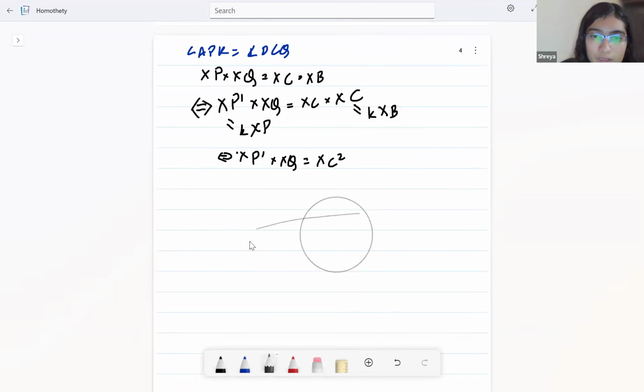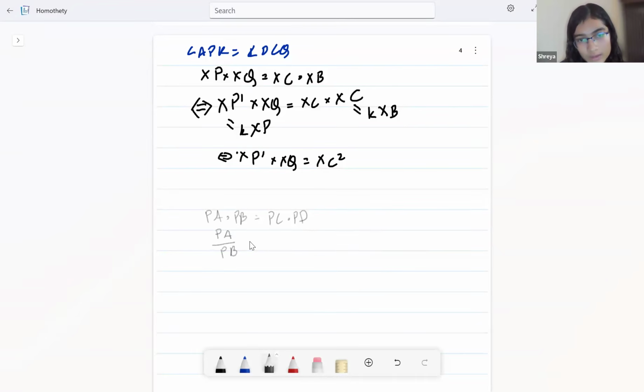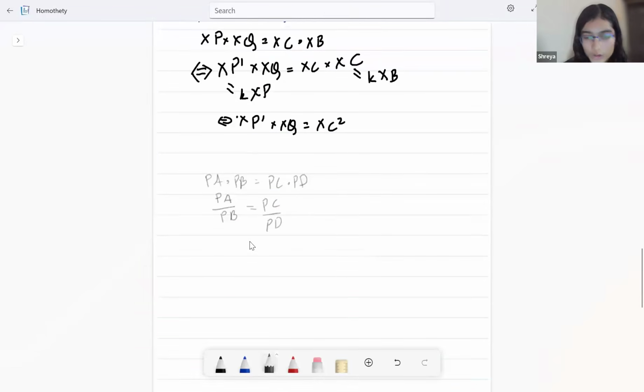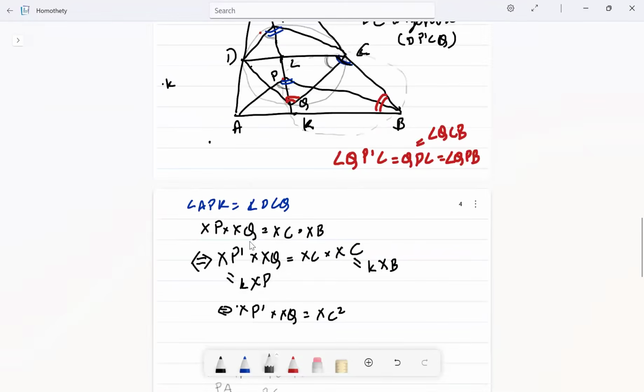The equation in power of point is PA times PB equals PC times PD, and what we would have for homothety would be something of this form. So we can understand power of point by using homothety.